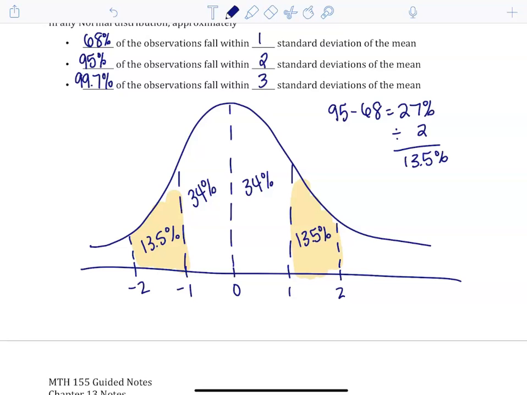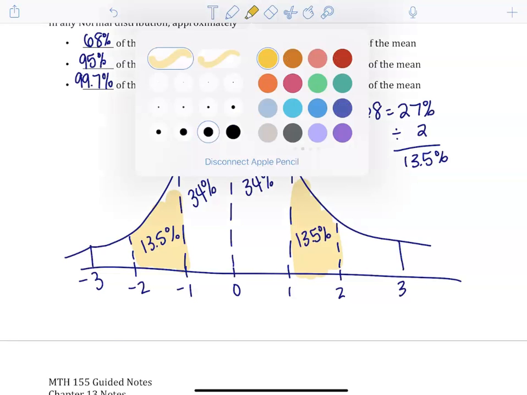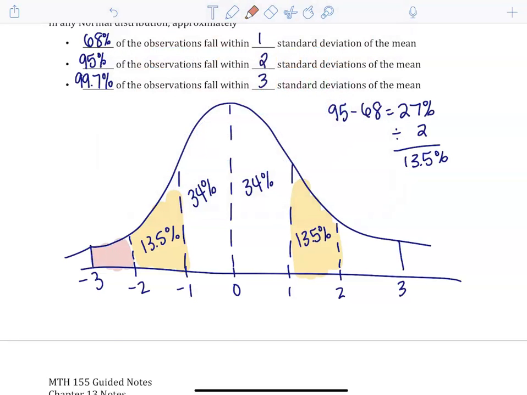And then we can do the same thing to figure out what's happening when we go out to 3 standard deviations. And so in this little section, you will have 2.35% and 2.35%. And then finally on the very outside, you'll have 0.15% and 0.15%.